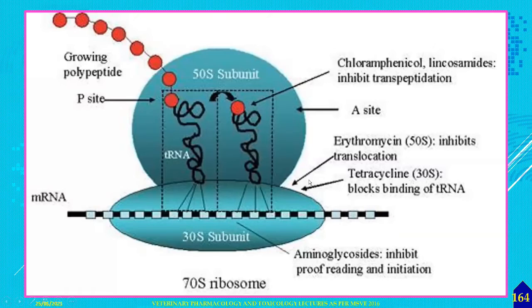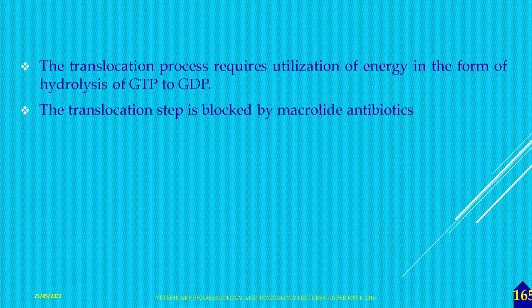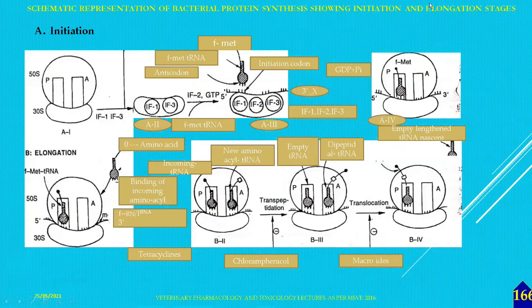Here the translocation site on the 50S subunit is blocked by the macrolide antibiotics. So this is the sequence: initiation, then elongation, etc., the synthesis of the different bacterial proteins. You can see the 50S and 30S forming the bacterial ribosome.